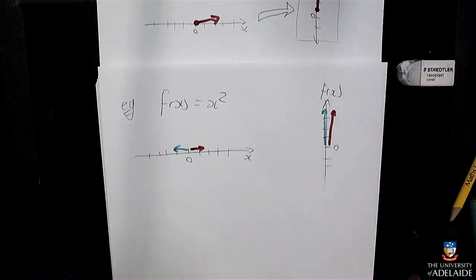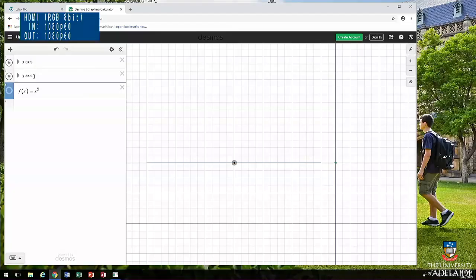I used to have a Desmos that did that, but I forgot to set it up. Give me a minute. Okay, so this is the picture of f of x equals x squared, and this blue line here is my x-axis, this purple line here is my y-axis.